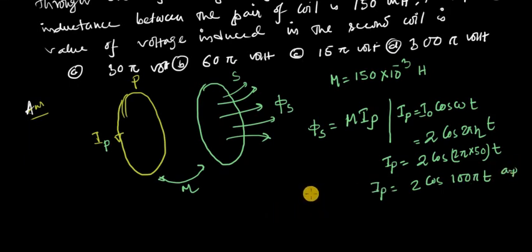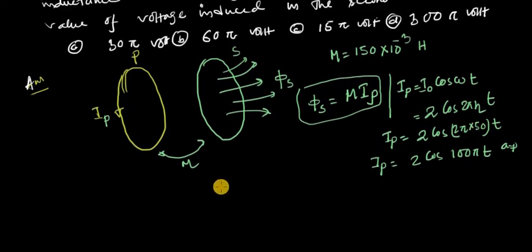So according to our expression, the flux through the secondary is nothing but M into IP. M is 150 millihenry, IP is 2 into cos 100 pi t.